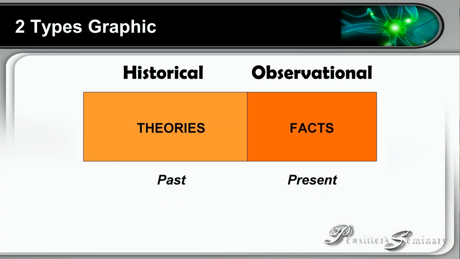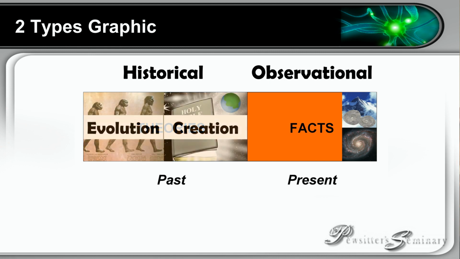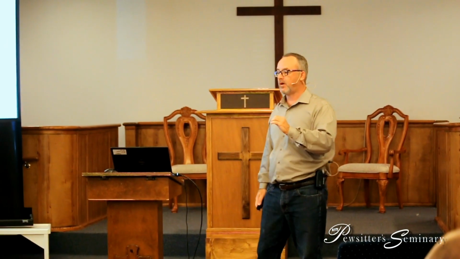Look at this. So we've got historical and observational. Observational is going to be built on facts that are available in the present. So we find shells in the ground, we look at the stars, we look out at the galaxies, that exists in the present. But both evolution and creation are historical. They're dealing with something that we cannot see. They are explanations of what happened in the past to bring about the present.